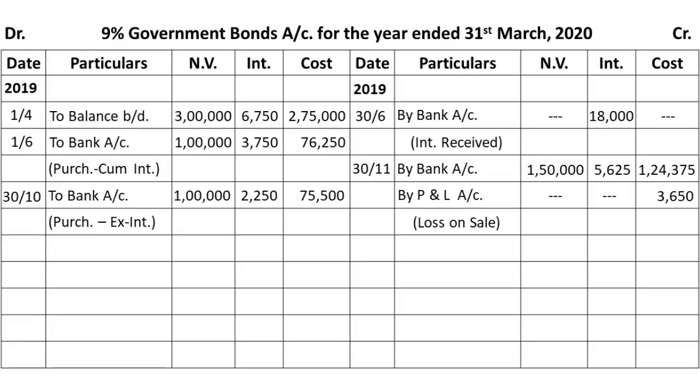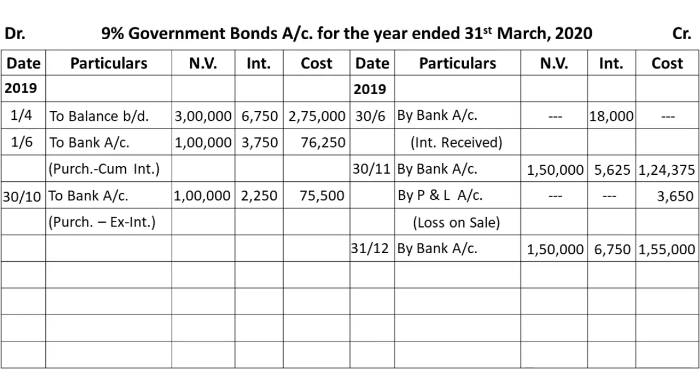Now we have to record this transaction on the credit side of government bonds account by recording the date first, by bank account. In the column of nominal value, we'll put the nominal value 1,50,000. Amount of interest we have calculated, 6,750, and in the cost column we require to write the selling price. So actual selling price is 1,55,000.